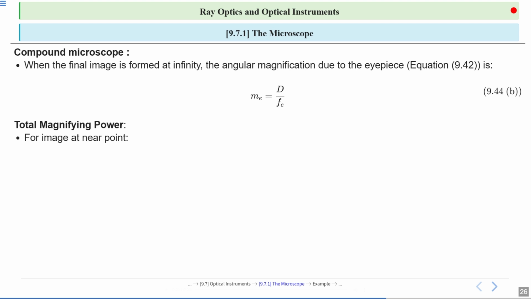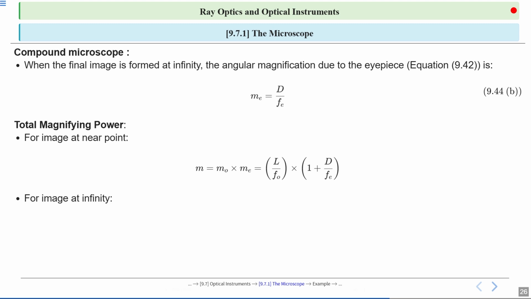For the image at near point, the formula for total magnifying power is M equals M naught multiplied by ME, which equals L upon f naught multiplied by 1 plus D upon fe. Here L is the tube length, f naught is the focal length of the objective lens, and M naught is the magnification of the objective. This formula shows how both lenses contribute to the overall magnification.